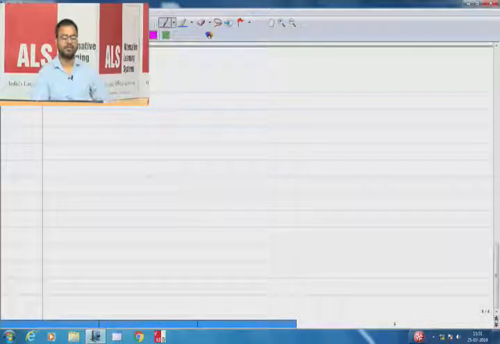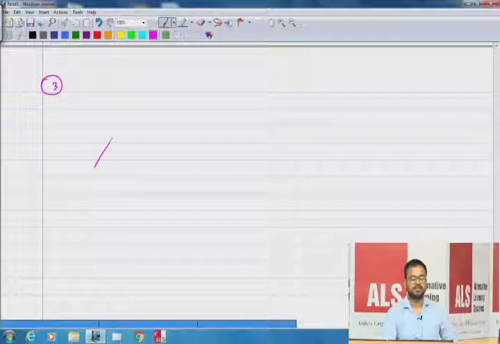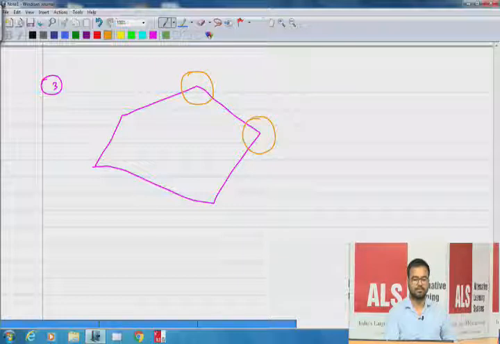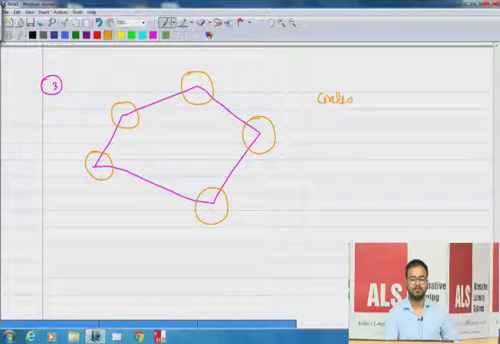Now, a very good question concept wise. Suppose it is a polygon, and these are circles of equal radius. Let's say the radius is r on each vertex.